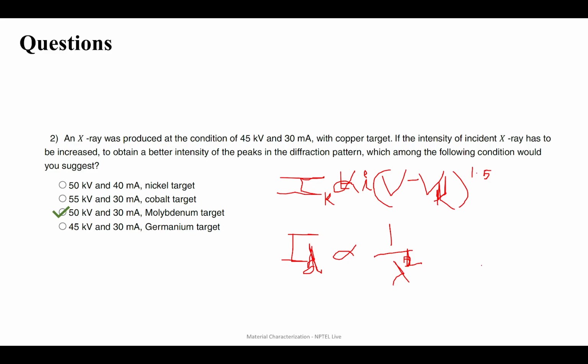This relation comes from a lot of different parameters, and if you combine both of them, you will get that molybdenum will result in the highest intensity of the peaks in the diffraction pattern.